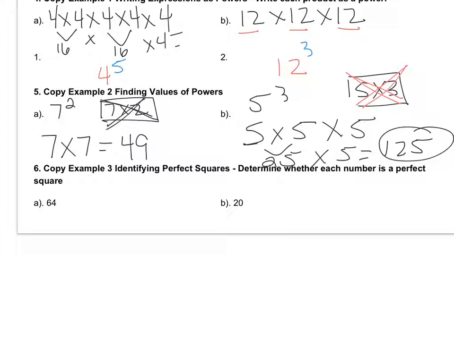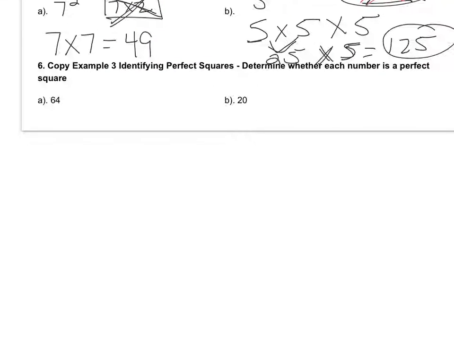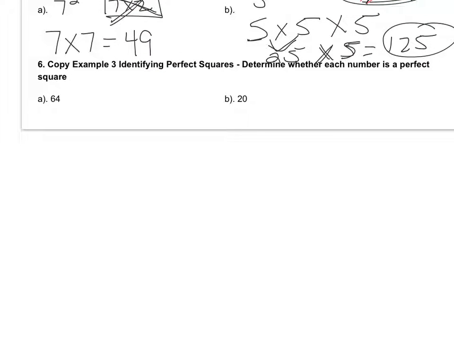So that is our final answer. Again, it does not mean 5 times 3. Rather, it means 5 times 5, 25, times 5. This is why we're going to be using our calculator, because it's going to be some longer math problems than we are probably used to doing in our head or on a piece of paper.